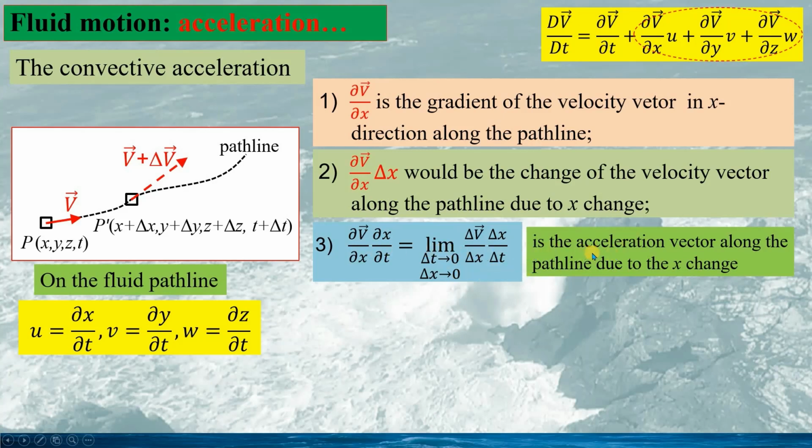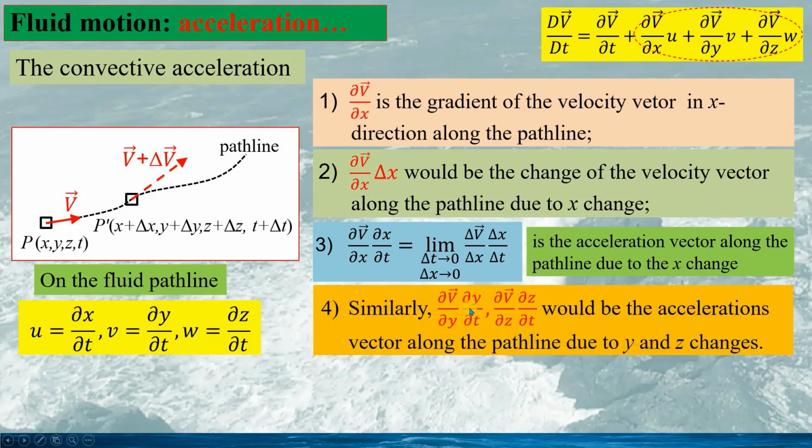So this expression is the acceleration vector along the path line due to the change of x. Similarly, the other two terms would be the acceleration vectors along the path line due to the changes of y and z.